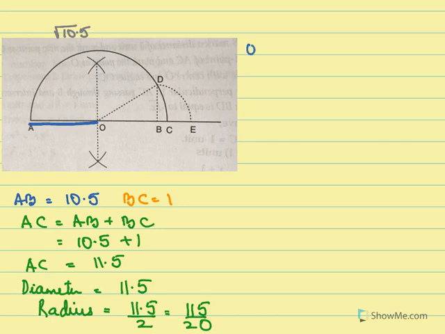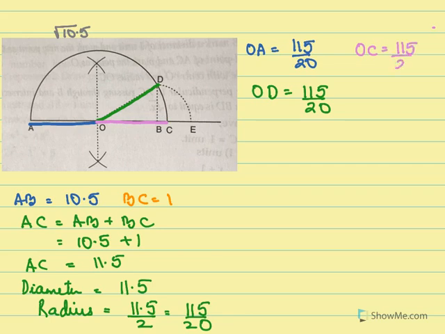So we write OA is 115 by 20 because it is radius. We have another radius, OD is also radius. So remember, OD, we will have to use this value later, 115 by 20. And we have yet another radius, and that is OC. So remember, OC is also radius. We'll use that too later, information 115 over 20.